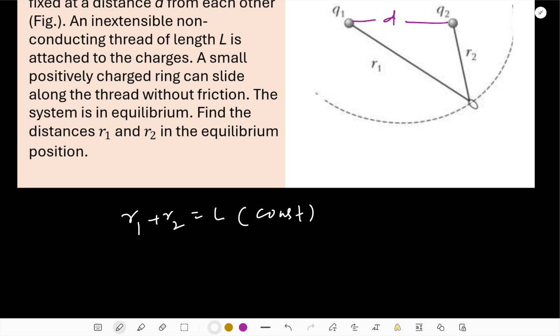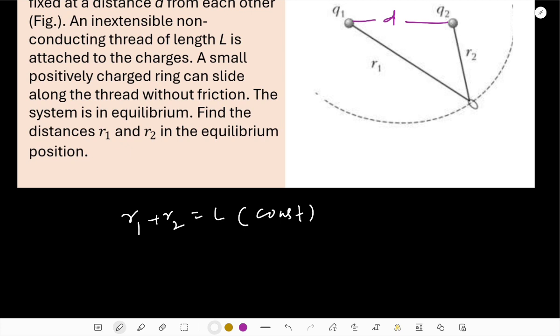We know that in the equilibrium position, that means the system is in equilibrium, its potential energy is minimum, and that is equal to 0 because all charges are positive. So I can assume all the charges are positive, because we don't know about Q1 and Q2, and since they are fixed, that doesn't matter.